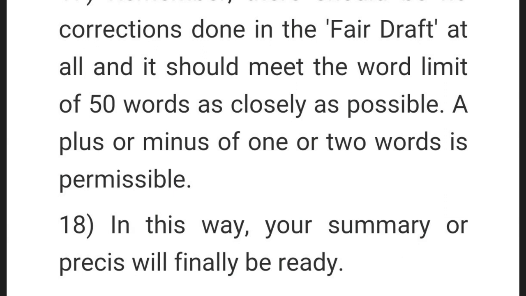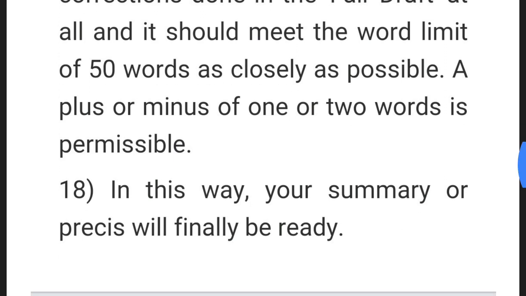So then it is okay, it is acceptable, but it should not exceed or should not fall short. Remember this very well. Okay, a plus or minus of 1 or 2 words is permissible. In this way, your summary or your Precis will be finally ready.